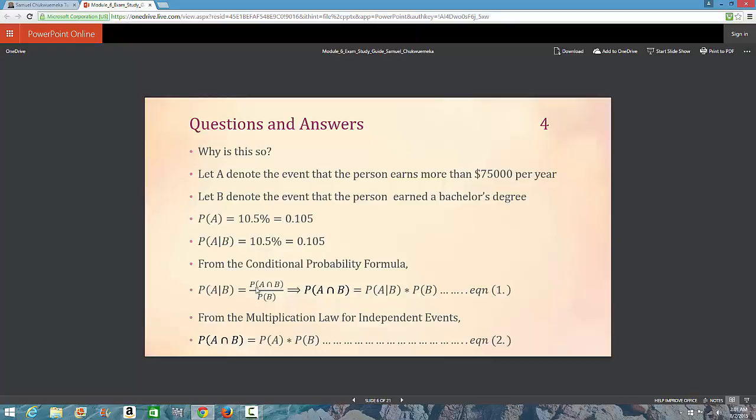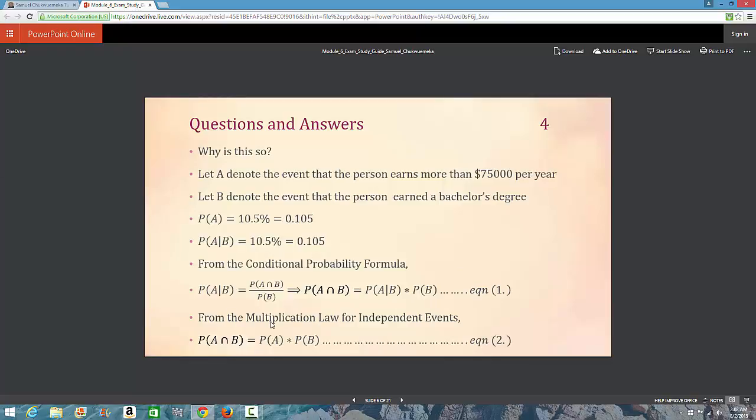So when you solve for the probability of A and B, you can multiply both sides by the denominator, which is the probability of B. So when you do that, you have that the probability of A and B is the probability of A given B times the probability of B. Call this equation 1.